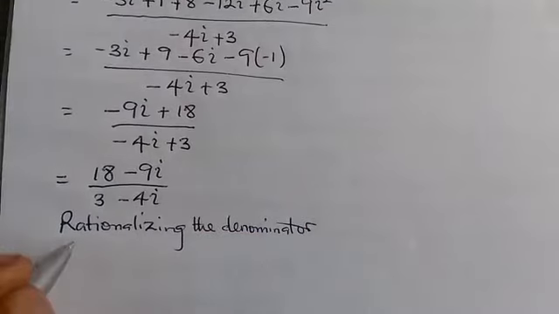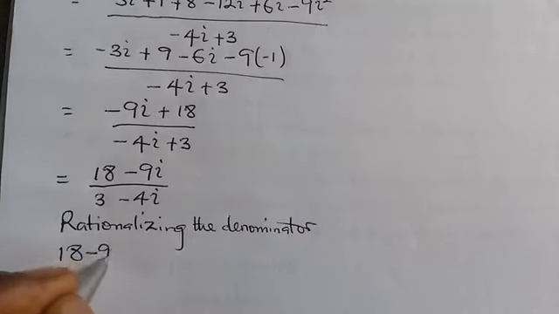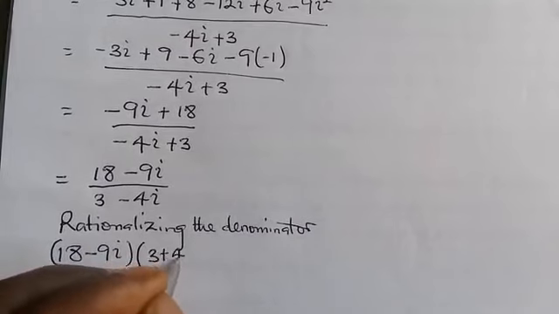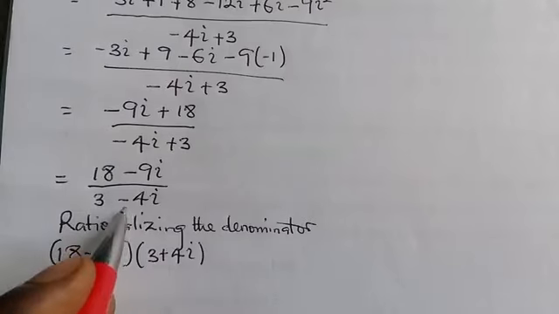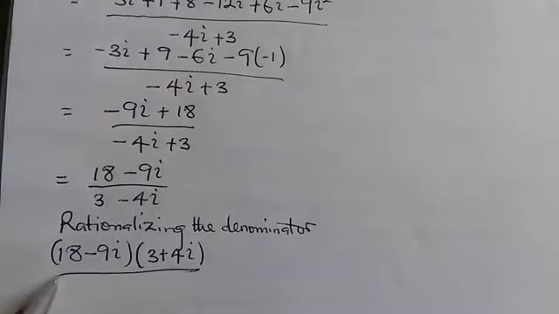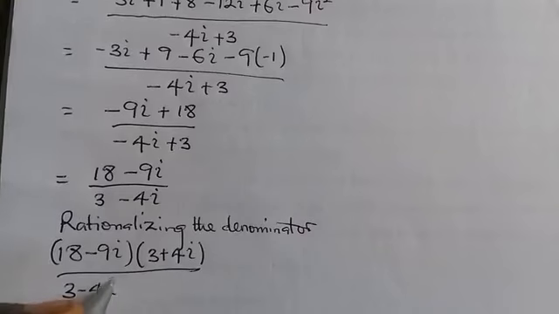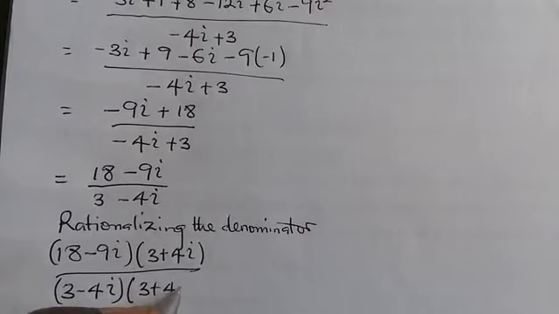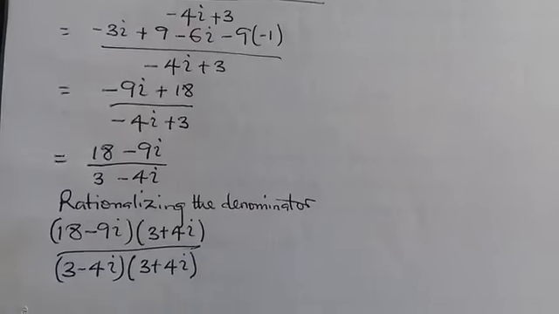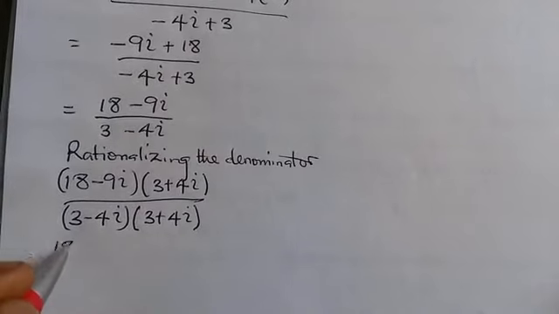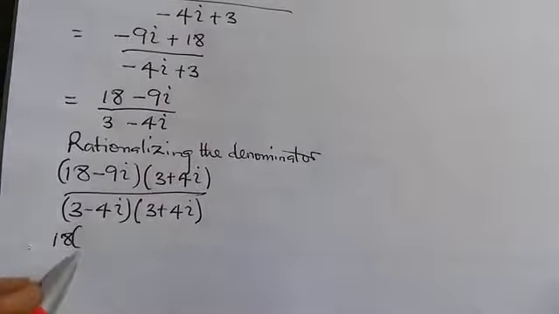If we rationalize the denominator, we are going to have (18 - 9i) multiplying (3 + 4i). We are using the conjugate of this denominator, 3 - 4i. The conjugate of it is 3 + 4i. Here in the denominator, we have (3 - 4i) multiplying (3 + 4i). Next is to open these brackets up so that we have 18 multiplying the content of this bracket, that's 3 + 4i.